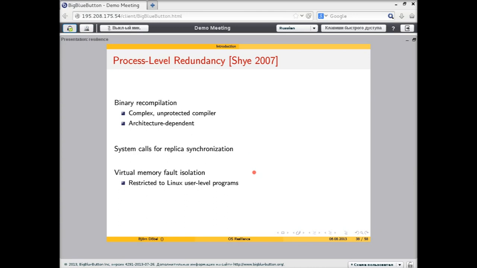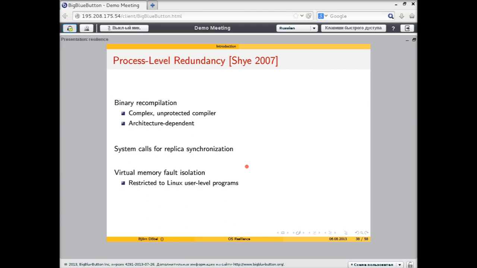In Linux, you also have fault isolation by putting applications into different address spaces. And in the case of process level redundancy, we're putting the same application into different address spaces by running it 2 or 3 times. And thereby, we can be sure that if an error occurs in one of the applications or one of the replicas, then it will only affect this single replica and the other replicas continue running unaffected.